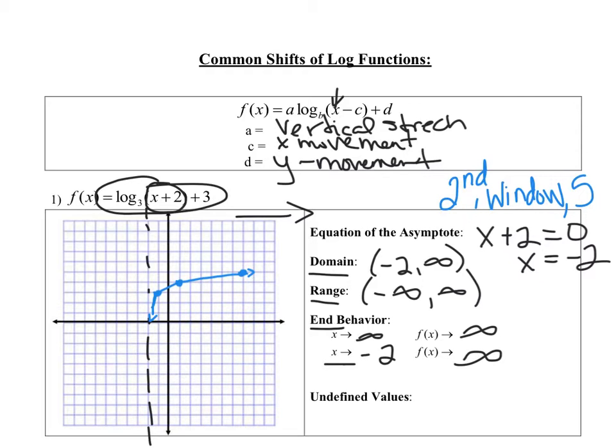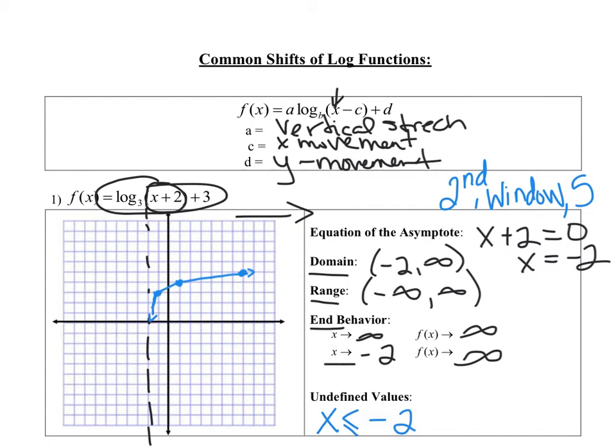Hit those buttons, and the log and the base and all that stuff will show up, and you'll be able to put that in. Undefined values are what I said before: all x less than or equal to -2. And that covers everything that you need.